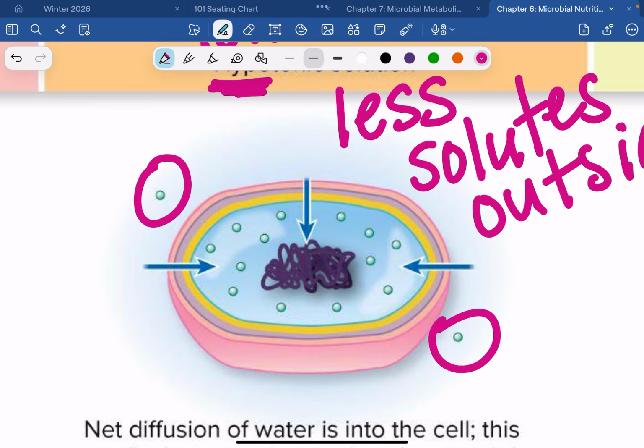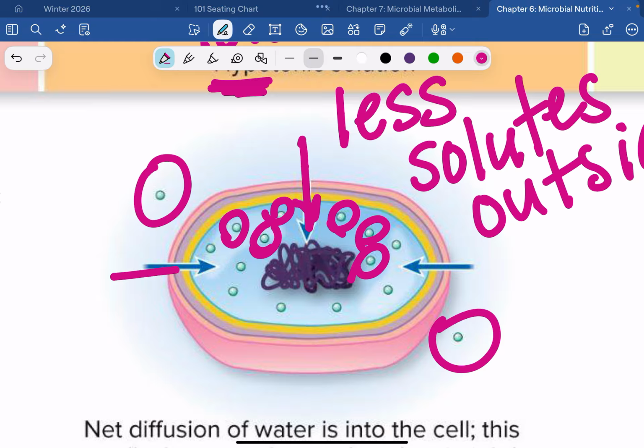Inside the cell, we have a lot more than 2 solutes, and so that means that we have less water. So in this case, we have low solutes outside, which means you have a high amount of water. Water is the only thing that can move here, so the water is going to move inside the cell.